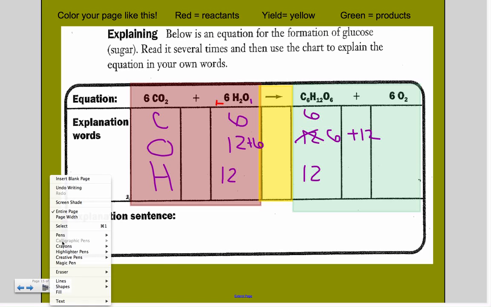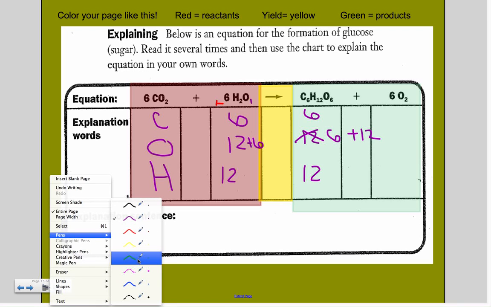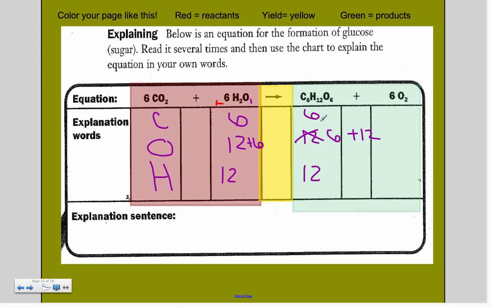So then I'm going to come over and get another color pen so we can see this a little better. So 6 and 6, those are the same. 12 plus 6 is 18. 6 plus 12 is 18, so those are the same. And then 12 and 12, those are the same. So this one is balanced. And so then I'm done with that one.